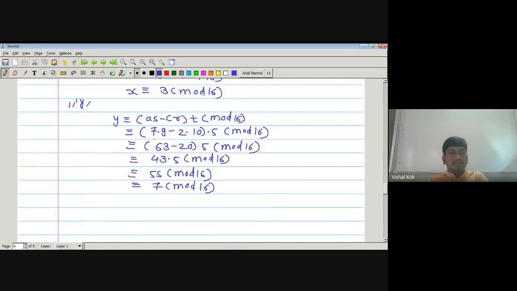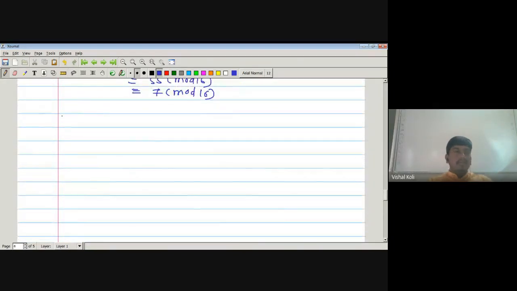Okay, now the next example will be 25x congruent to 15 modulo 29. Okay, we have to solve this linear congruence.